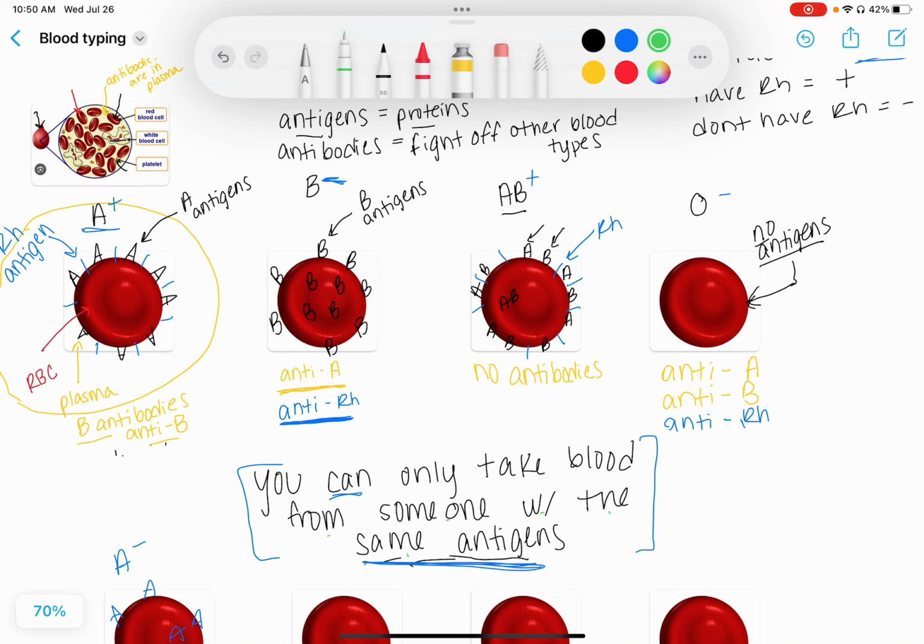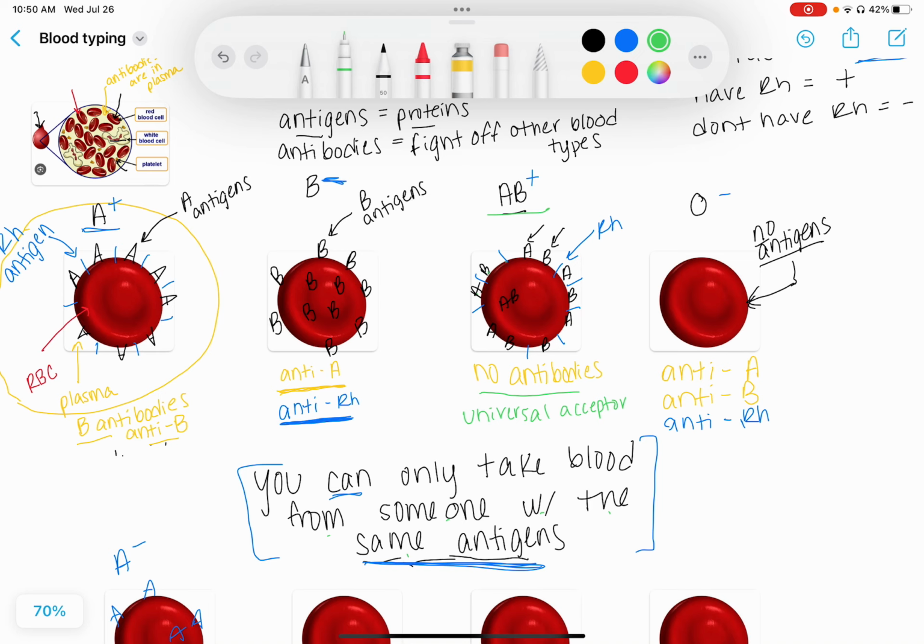Well, AB positive has A antigens, B antigens, and Rh antigens, so it doesn't have antibodies to fight anything off. Therefore, it would be the universal acceptor, right? It would be the universal acceptor because that blood would not attack another blood type. It will not create an immune response. It is happy with anything and everything.